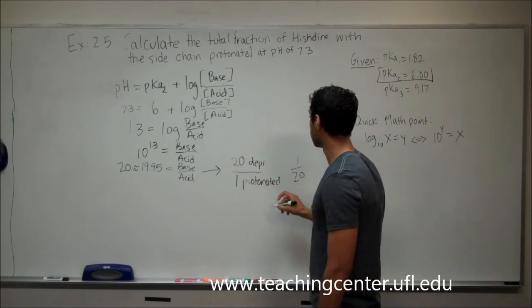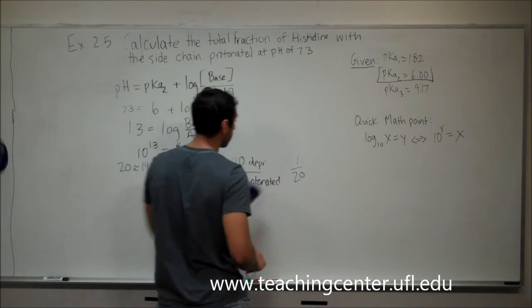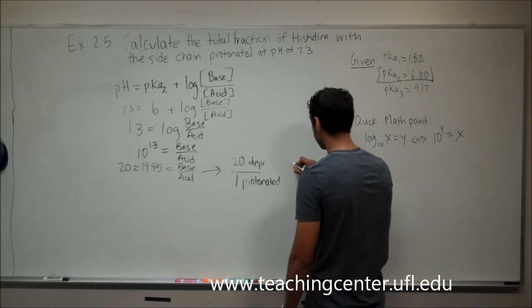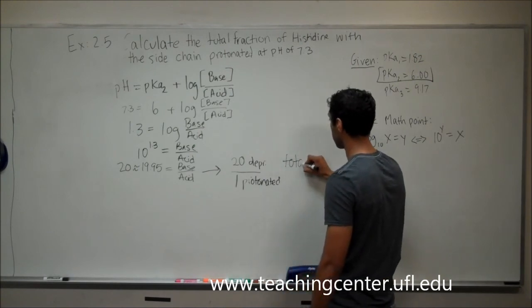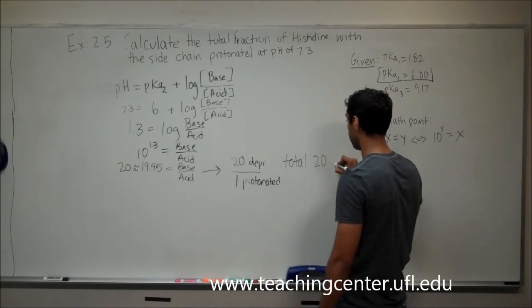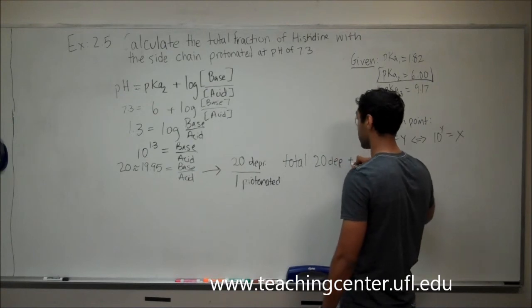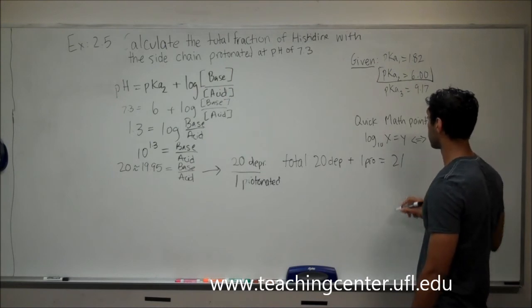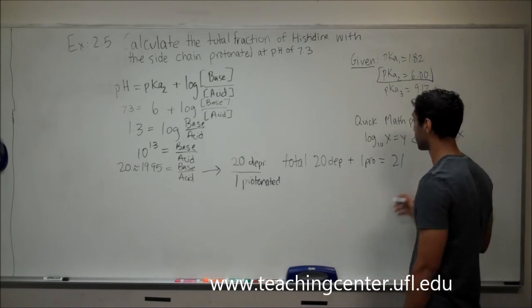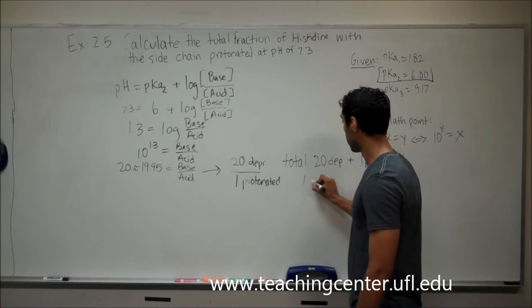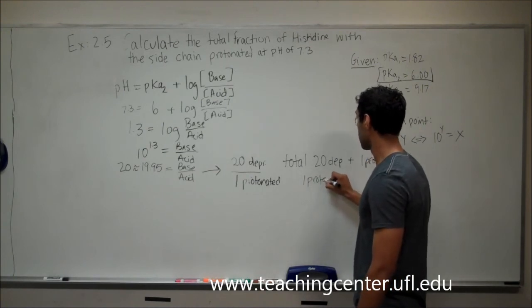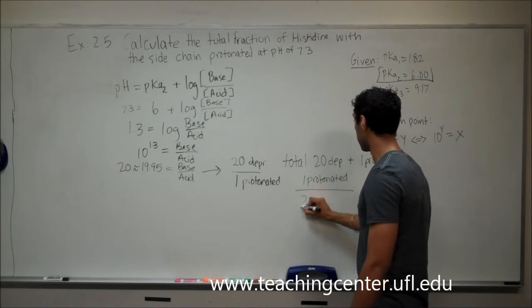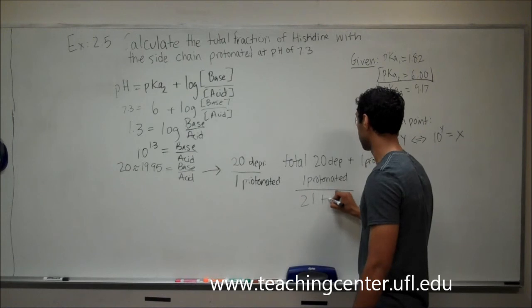In order to have the proper number of molecules in solution, it's actually a total of 20 deprotonated plus 1 protonated. That gives us 21 total molecules of histidine in solution. So really it's 1 protonated histidine over 21 total molecules of histidine.